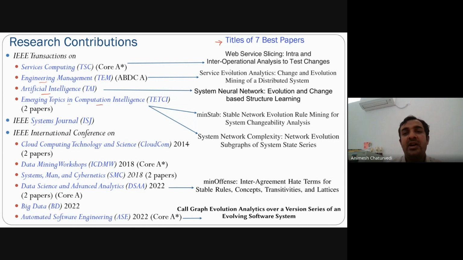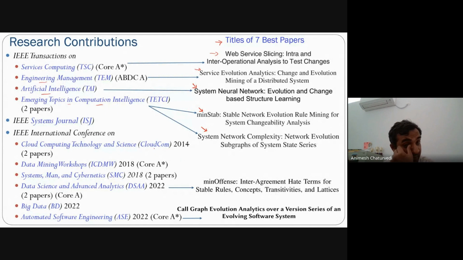The topics related to that are web service slicing, service evolution analytics, system neural network, how the neural network of a system looks, then minimum stability, then system network complexity.